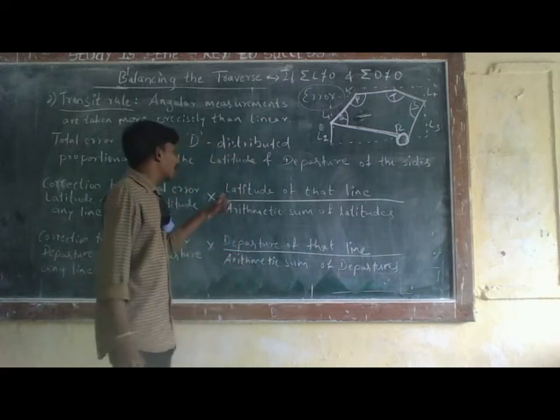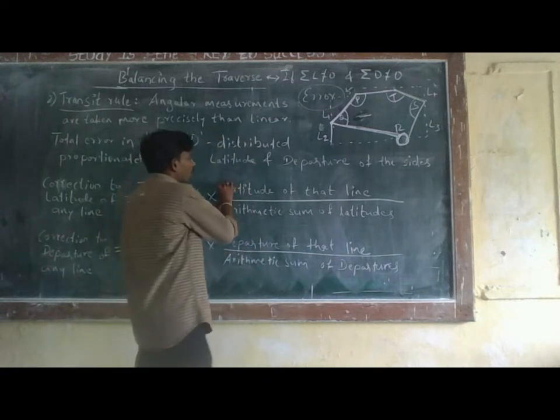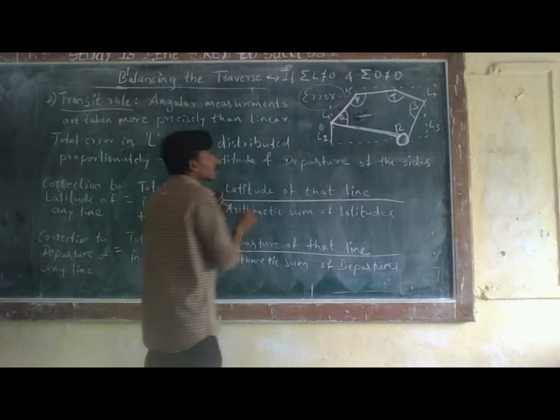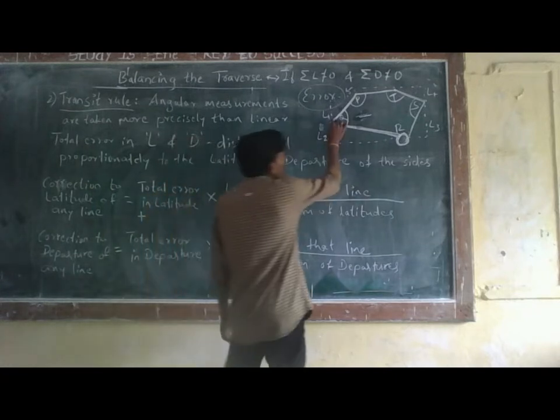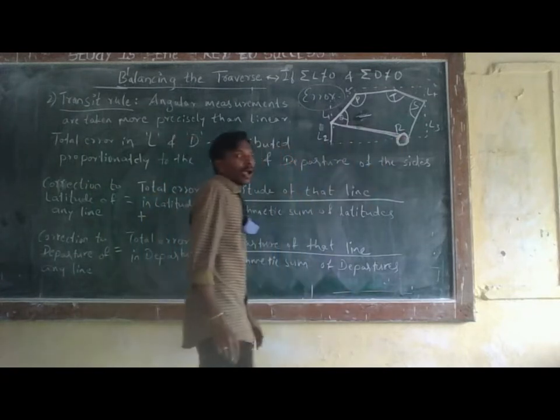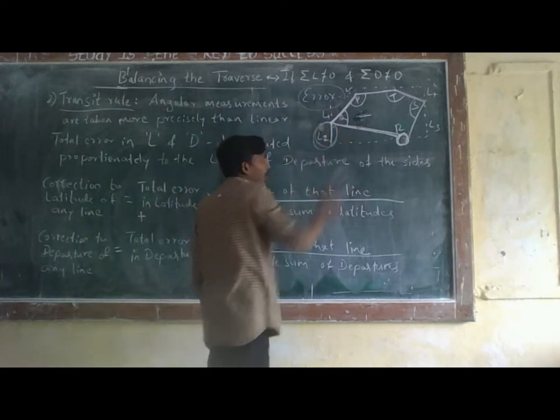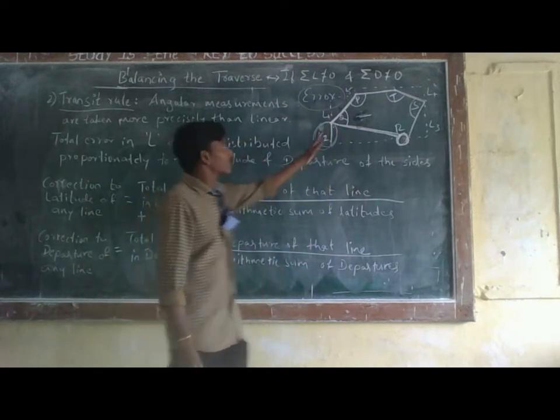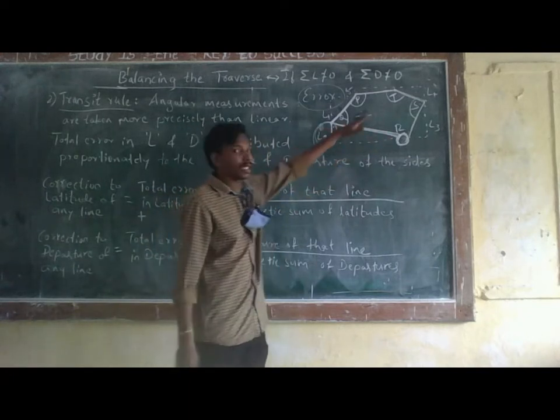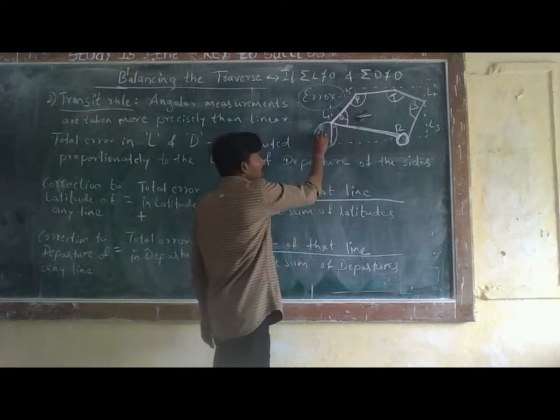So here in the transit rule you have to take the latitude. If you are going to correct the line QR, then you have to substitute the latitude of the QR line. For the QR line, as per this diagram, L2 is the latitude.